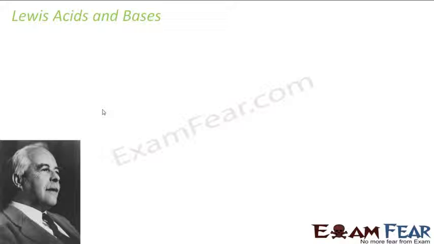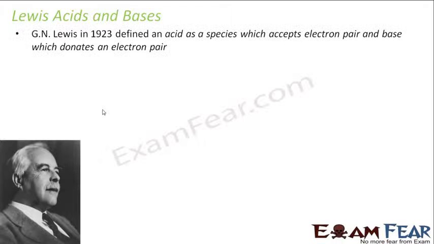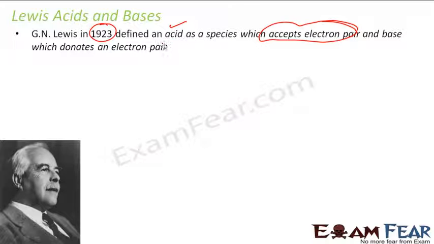So after Arrhenius, we got Lowry and Bronsted. Then Lewis also gave a concept of acid and base. In 1923, Lewis defined acid as species which are electron pair acceptors, and bases are the ones which donate an electron pair.